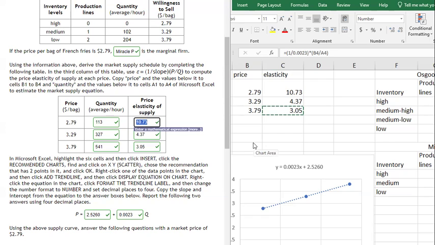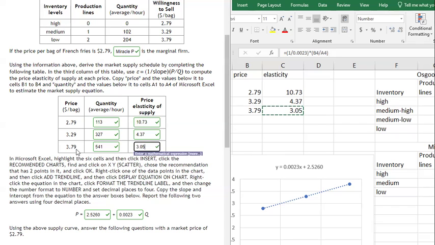So firms are very sensitive to small changes in price. When the price goes up by a very small percentage, you have a massive increase in the quantity supplied. Now that percentage increase in quantity supplied for a fixed 1% change in price, which we call elasticity, declines.